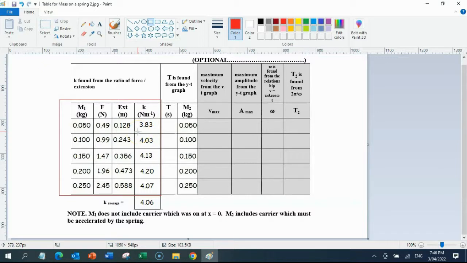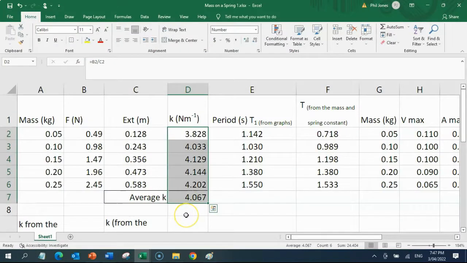Now, the spring constant can be calculated by dividing the force by the extension. So we can do that using a spreadsheet, and you can see the results here. So a formula was used to calculate the average, and you can see the formula up here.